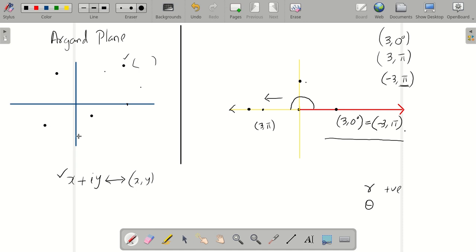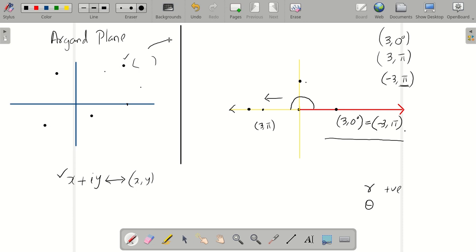And we plot the complex numbers as if they are points on the Cartesian coordinate system. And the good news is every complex number will be associated with a unique point in the graph. That means every complex number will have a unique representation.